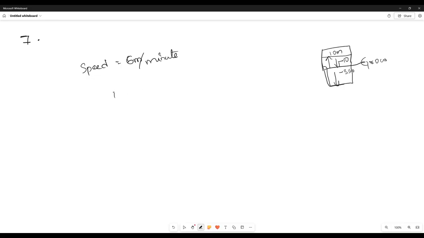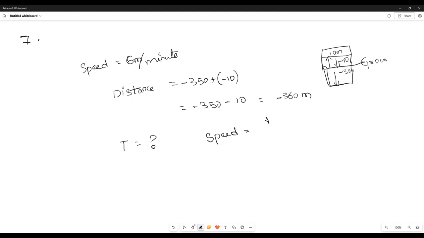So the distance equals minus 350 plus minus 10, which becomes minus 360 meters. They're asking time, right? So let's take speed equals distance by time.